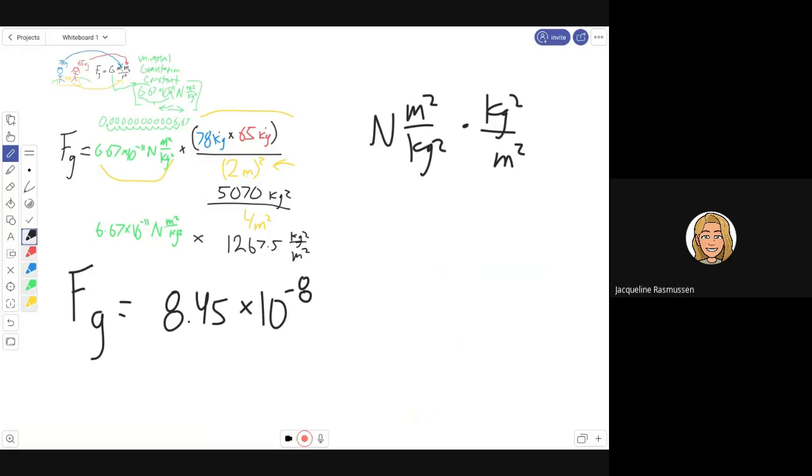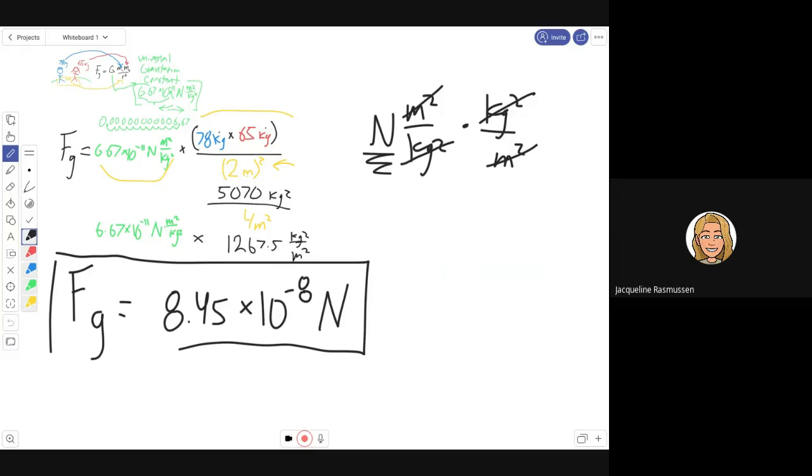I just took away the numbers and I'm looking at the units, and the kilograms squared and the kilograms squared are going to cancel out. The meters squared and the meters squared are going to cancel out, and the only unit standing is newtons. So our units are newtons, and that makes sense because what we were trying to calculate was a force, and newton is the unit of force.